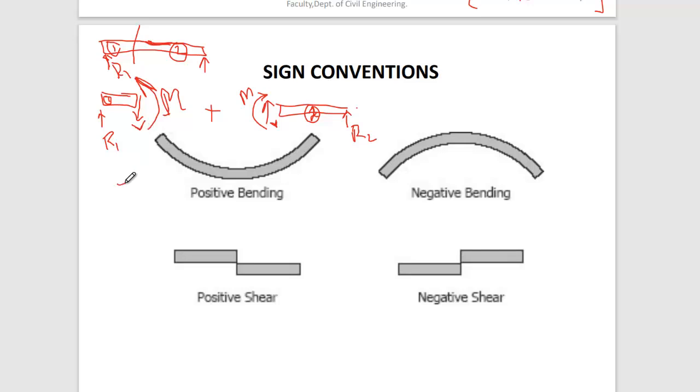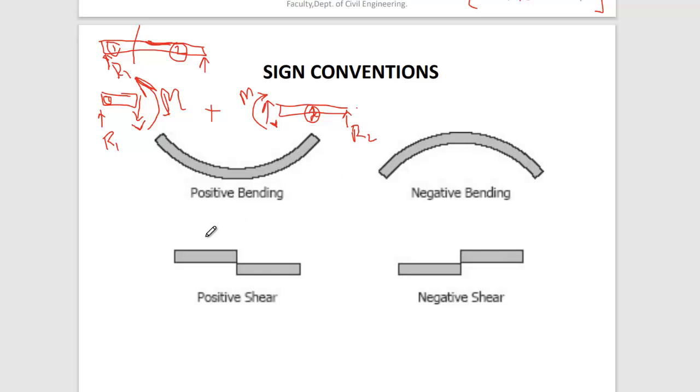If it is minus 10, this should be plus 10. If we add these two, it should be 0. That means the situation is in equilibrium condition. The member is in equilibrium condition. Is that clear?